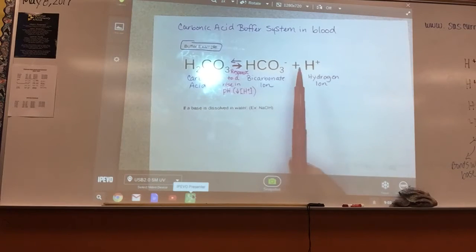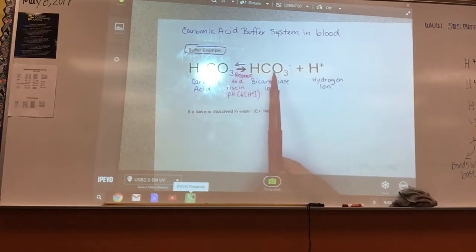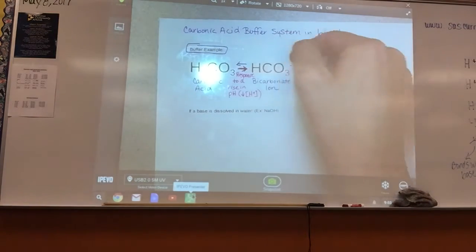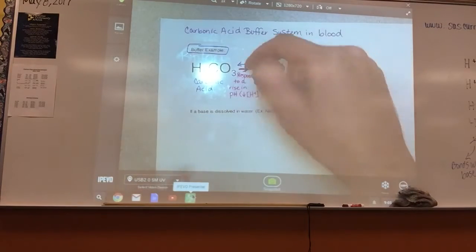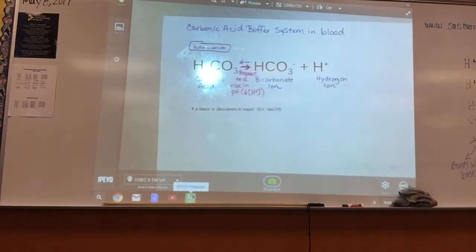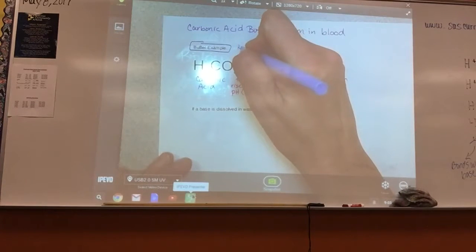On the flip side, if we go from right to left, the H pluses rebond to the bicarbonate ion and form carbonic acid. So in this case, you're taking H plus ions out of the solution and reforming carbonic acid. And so this arrow to the right, different color here, this would be in response to what?